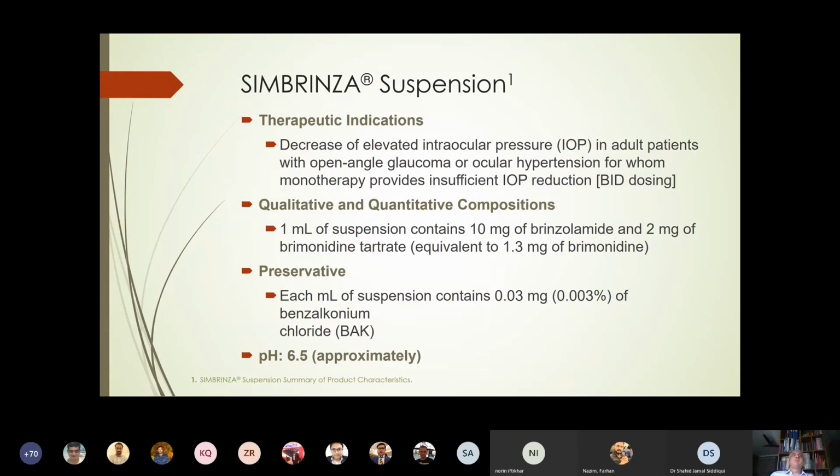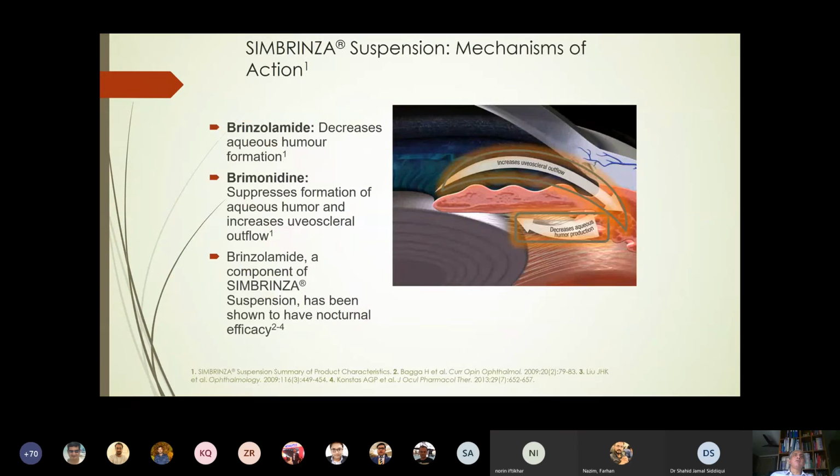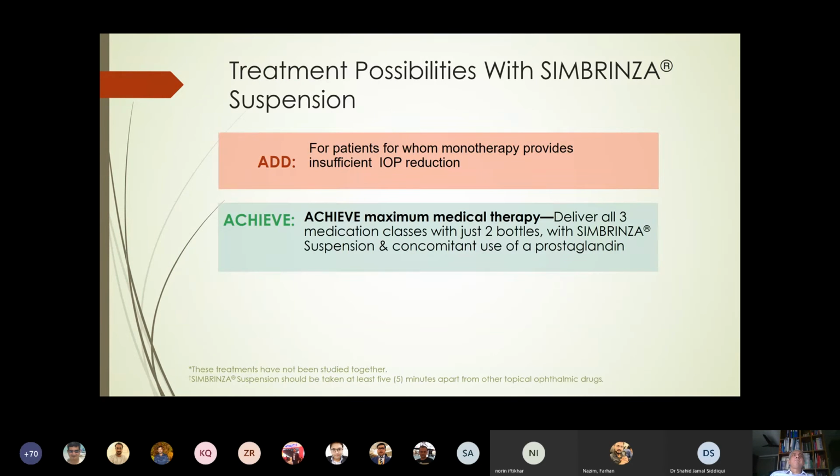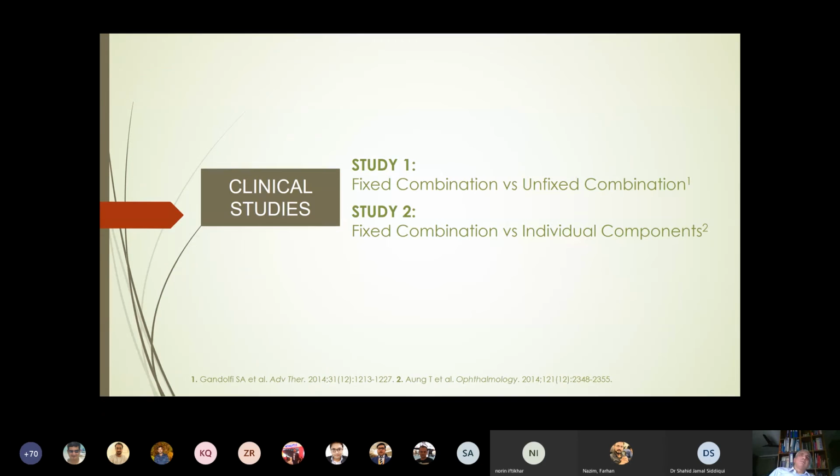Therapeutic indications are the same as those we use. The pH is 6.5. It decreases aqueous humor formation and increases uveal outflow, brimonidine as well. Then there was a fixed combination versus unfixed combination, and a fixed combination versus the individual components of the drug as well.